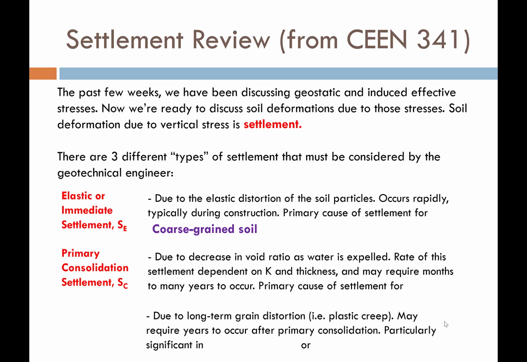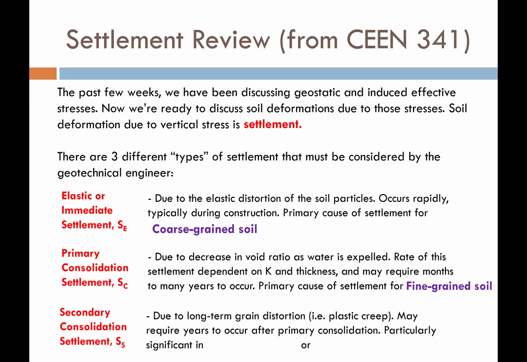It's dependent upon the soil's hydraulic conductivity, or how quickly it can move water through it, as well as the thickness of the soil layer. So it may require months to even years to occur in a particular soil layer, depending on the properties of that soil. This is the primary cause of settlement for fine-grained soils.